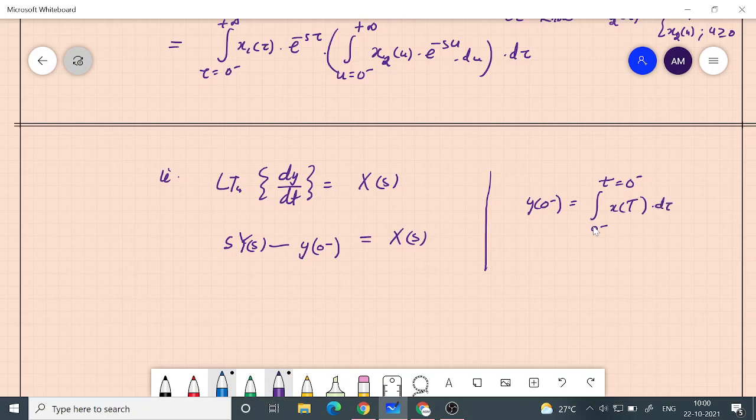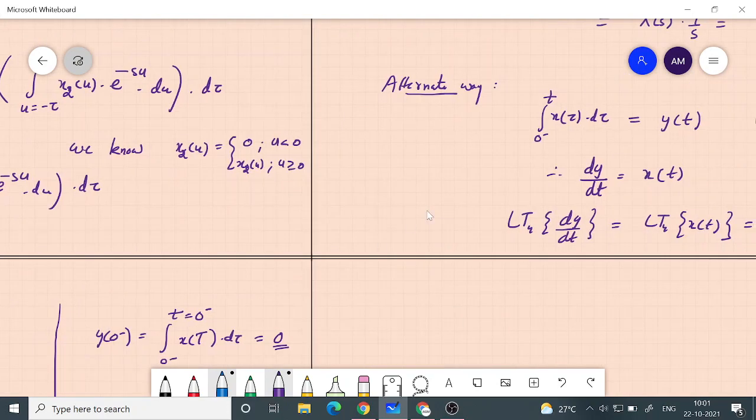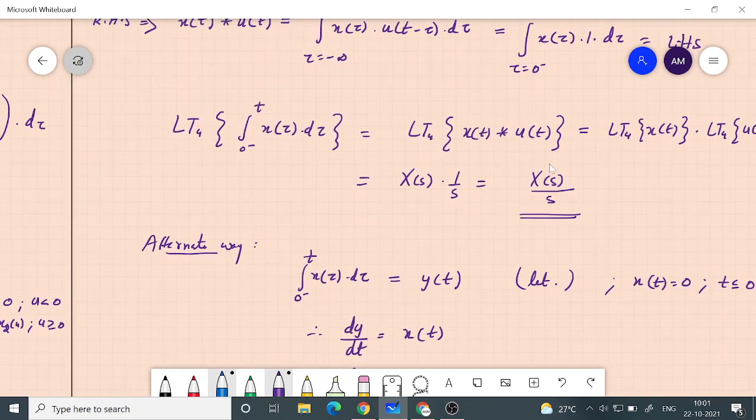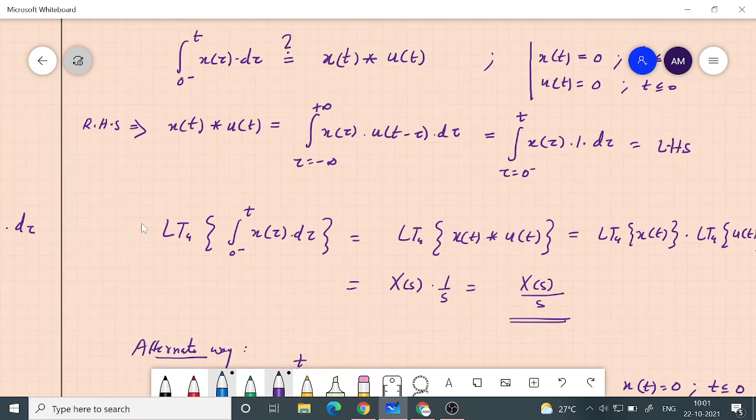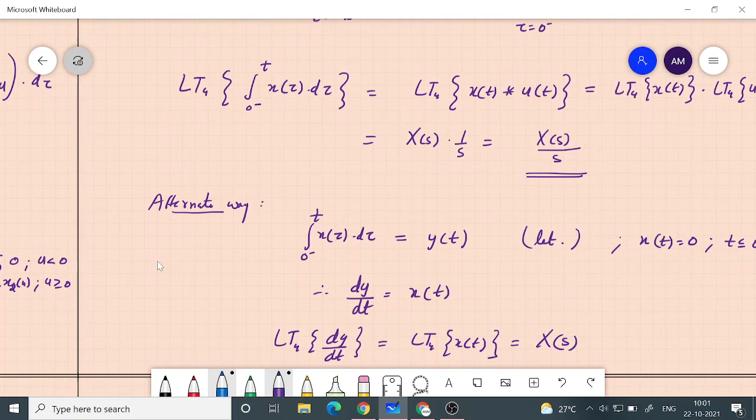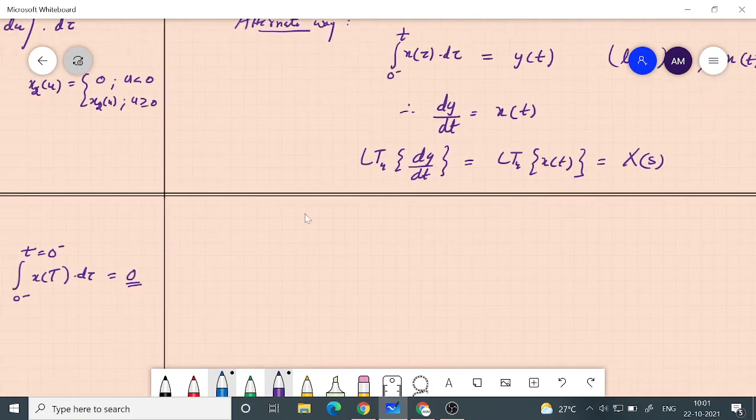So there is no integration here, the upper limit and lower limit are the same. In that case this is equal to 0, and therefore Y of s is equal to X of s by s. So this is what we did yesterday, and we got this same answer. Similarly, you can do this by using the property of convolution. There are two alternate methods to find the same function.